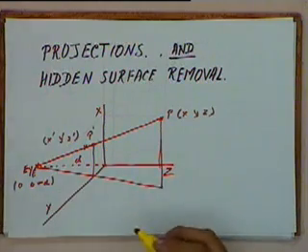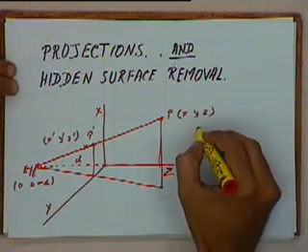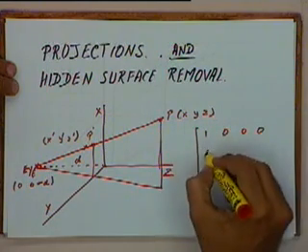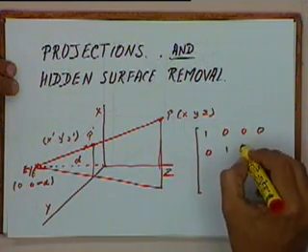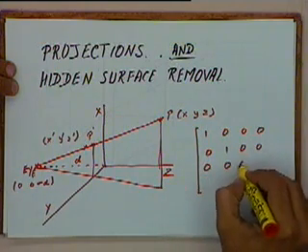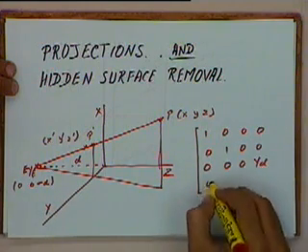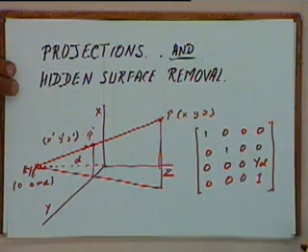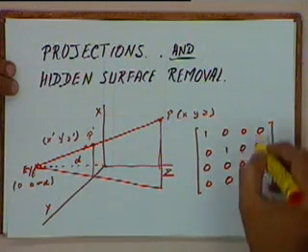And we said that the transformation matrix for this was like this, where we have this 1 by d term in the last column.